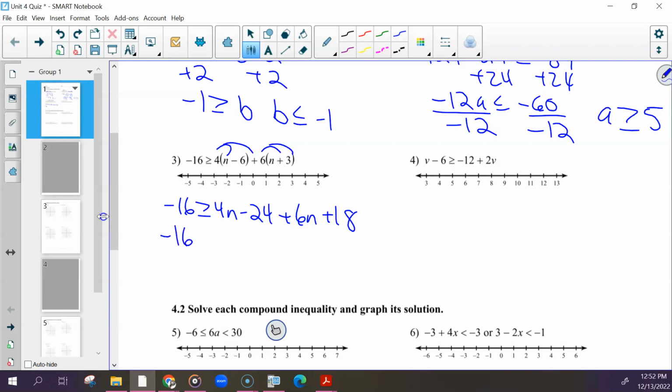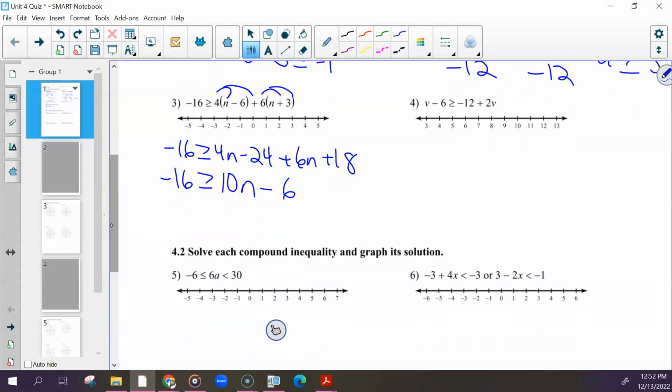So -16 is greater than or equal to 10n minus 6. And then get rid of 6, so add 6 to both sides.